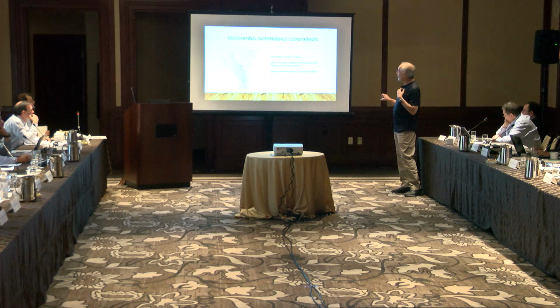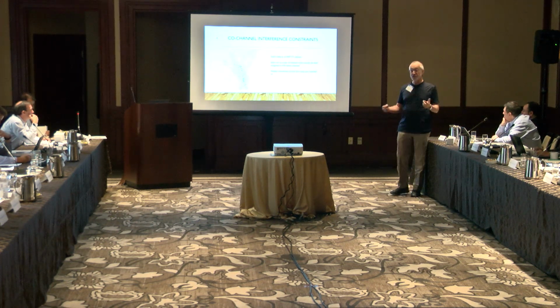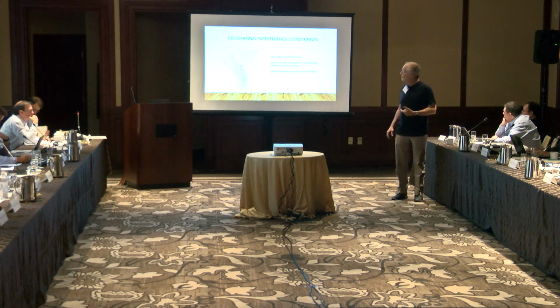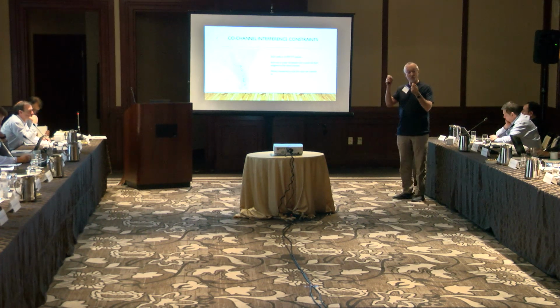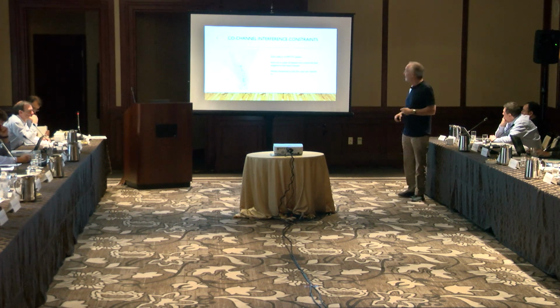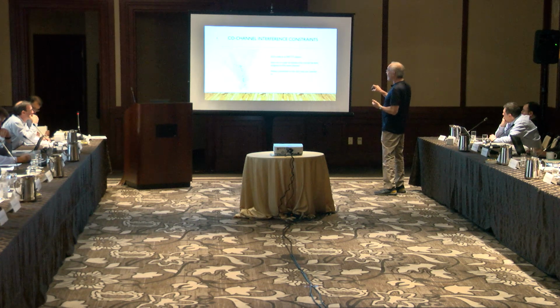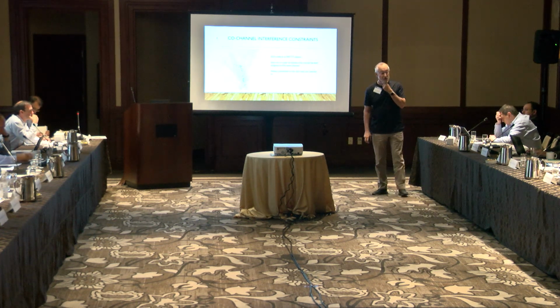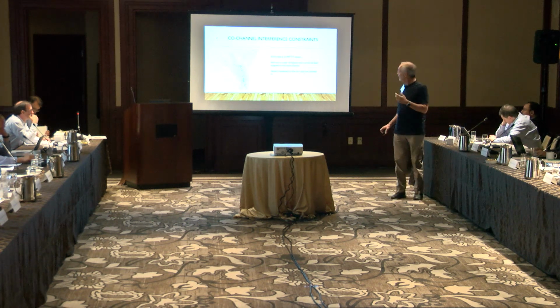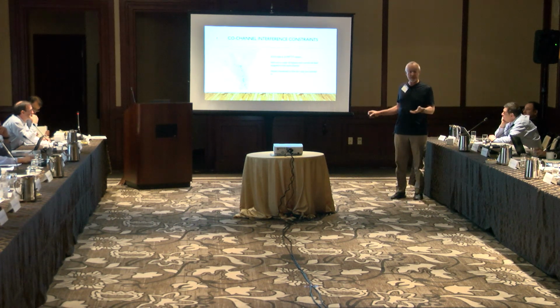So we create a graph in which each node represents a TV station. Each arc represents an interference constraint that says those 2 stations can't be on the same channel. There are about 130,000 constraints like this in the US reallocation problem, and so this is a big problem.